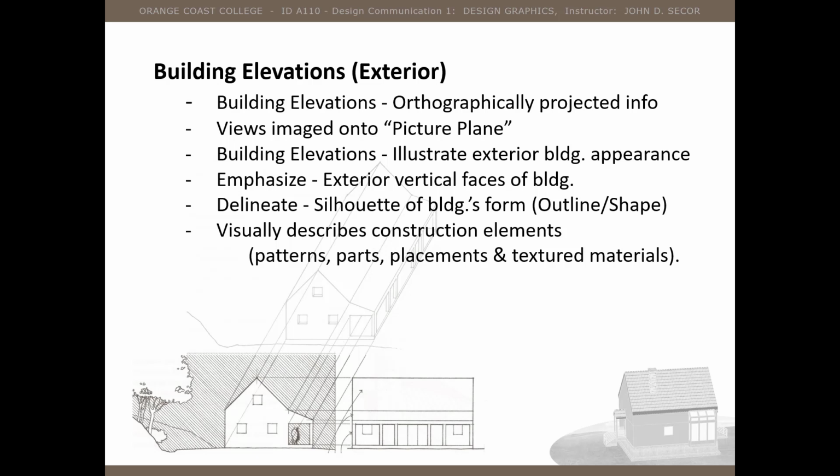And as we get even more detailed, we start to look at specific parts like doors and windows and porches and things like that. And we look at material placement. So those all add to the context and the depth of information surrounding a building and its design.